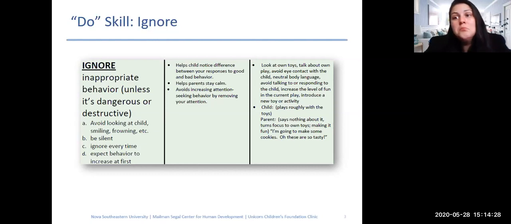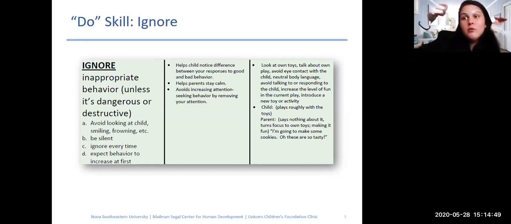First I'll just ignore, again, not looking at him. Maybe I'll continue eating. I'm going to be very silent. And then it'll progressively get louder, till he's barking at me, yipping at me, maybe pawing at me. As long as he's not hurting me or himself, I'm going to continue to ignore. And again, this is going to increase.